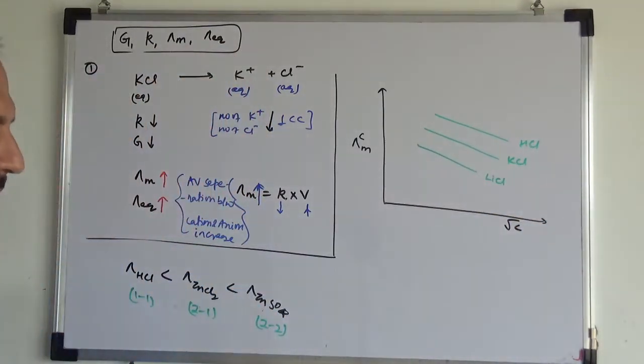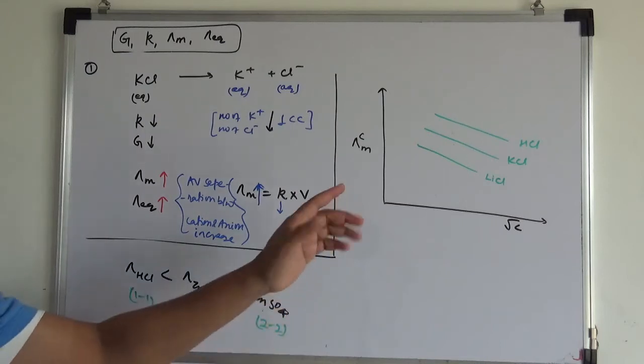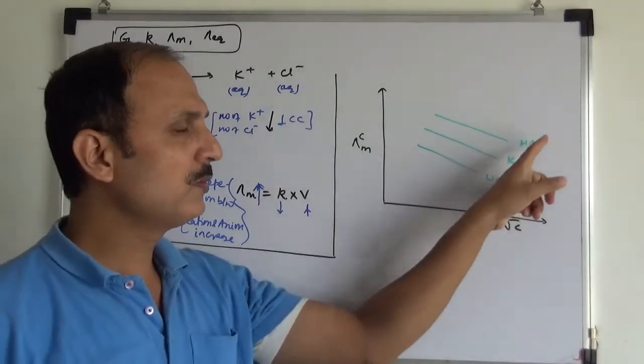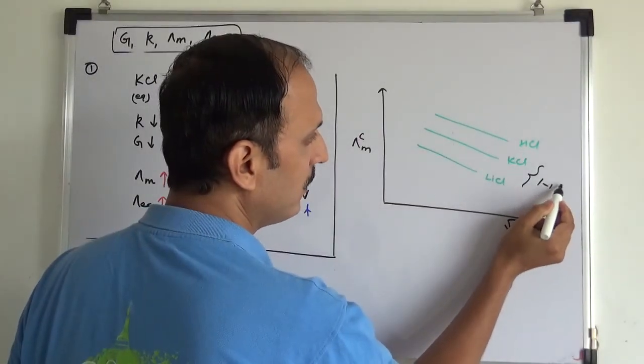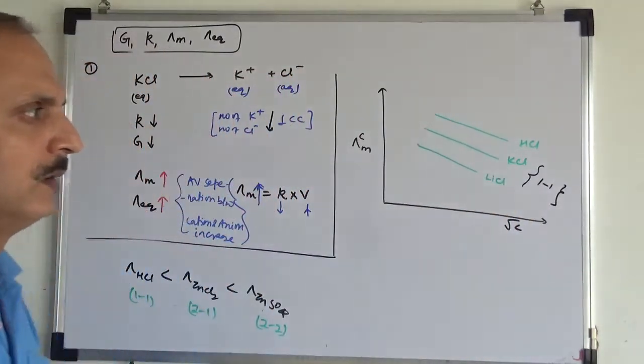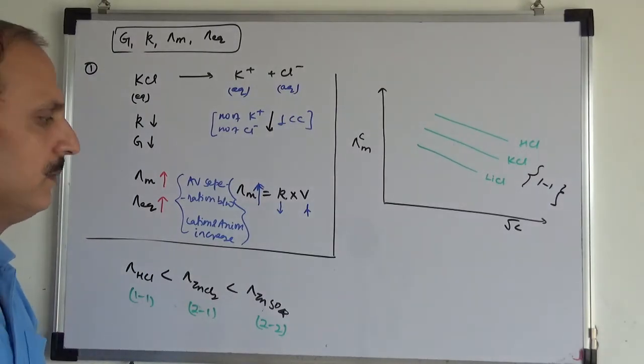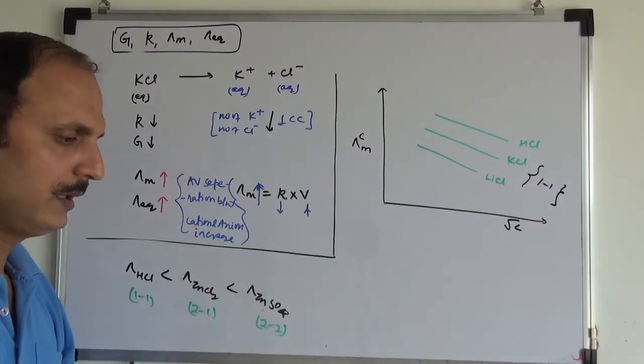This is the graph. You can see for a given concentration the molar conductance is higher. Here between them the charge is 1:1 for each, one positive, one negative, but still this is the increasing order.